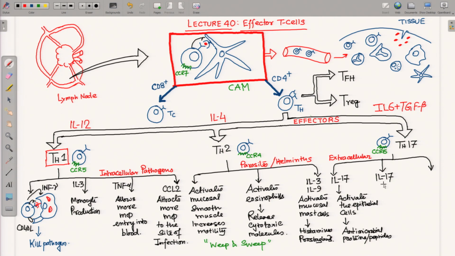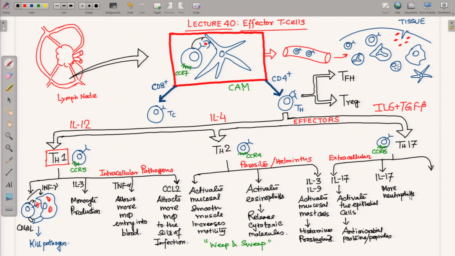IL-17 also recruits more neutrophils to the site of action, neutrophils which are the fastest acting cells of the immune system. They go and infiltrate into the site of infection.